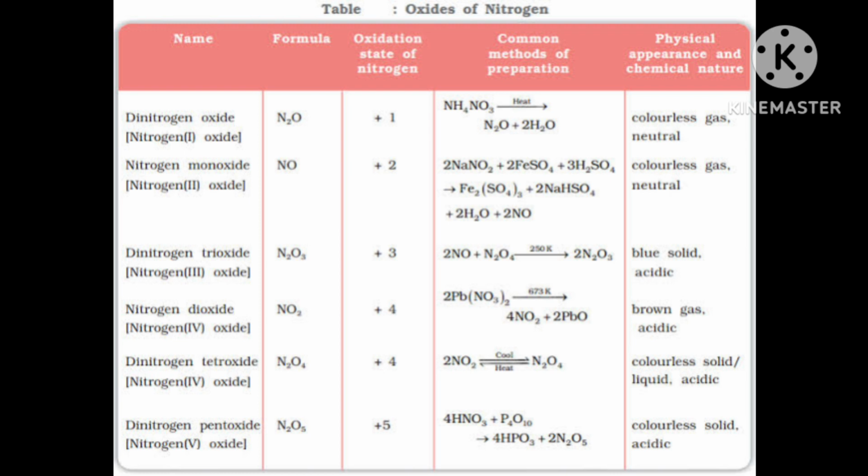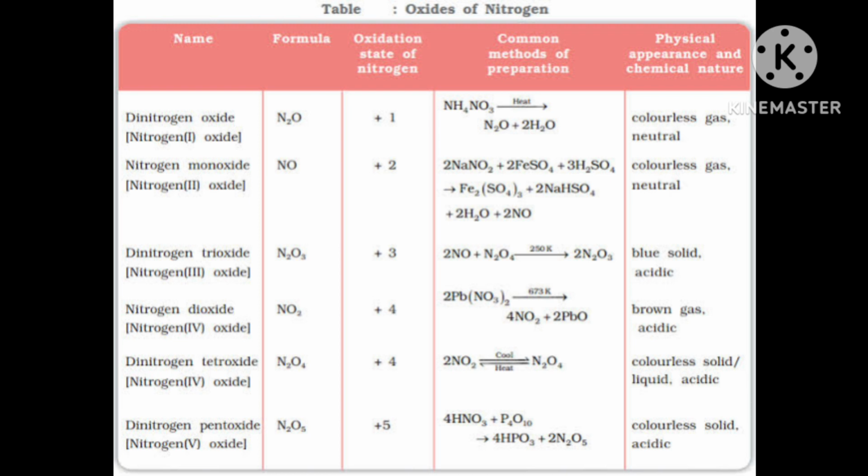The balanced equation: 4HNO3 plus P4O10 gives 4HPO3 plus 2N2O5. And what is its property? This is again a solid.